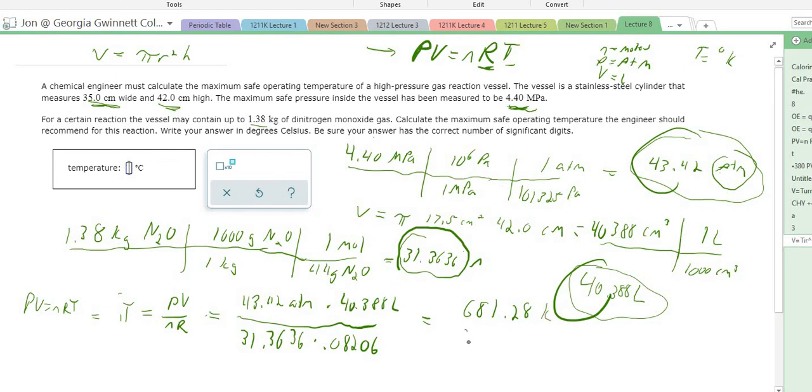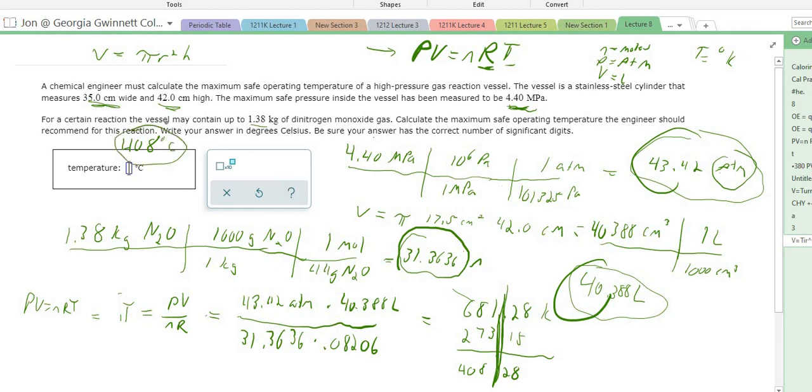So if I subtract 273.15, which is how I convert from Kelvin into Celsius, I get 408.28. My sig figs are 3, and so the answer for this problem is 408 degrees Celsius.